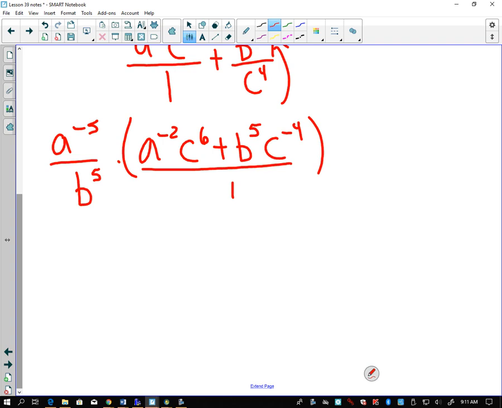No. So there's a difference between multiplication of fractions and addition and subtraction of fractions, correct? All right, so the easy thing to see is, what is my denominator going to be? B to the fifth. All right, b to the fifth. Okay, now I'm distributing. So I'm taking a to the negative fifth times a to the negative second. What is that giving me?